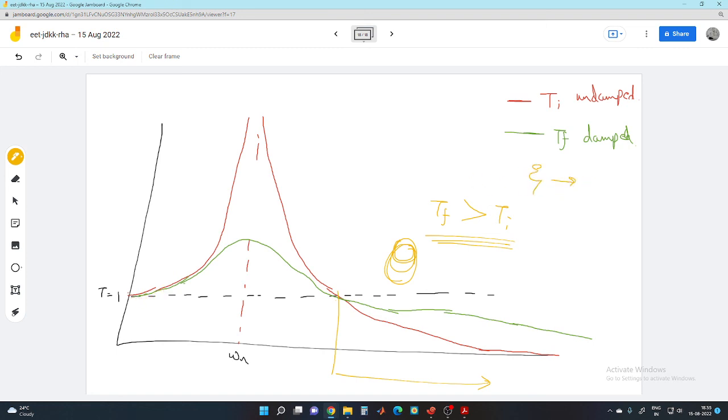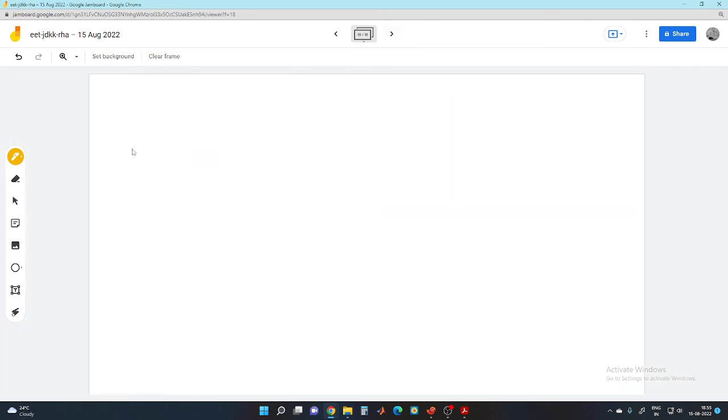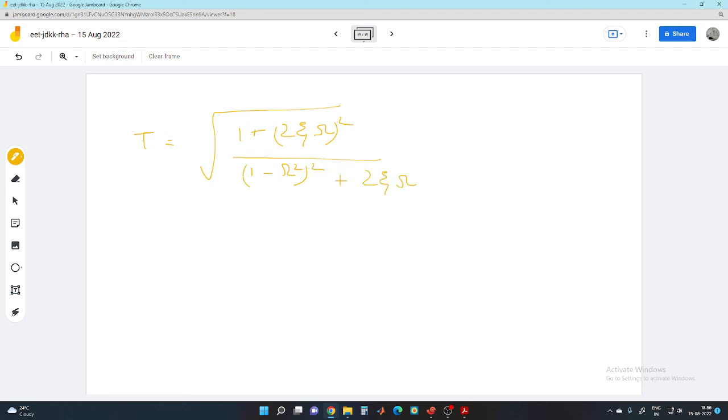If damping is tending to infinite, we'll just look into a case like T is basically square root of 1 plus 2 xi omega whole square upon 1 minus omega square plus 2 xi omega whole square.